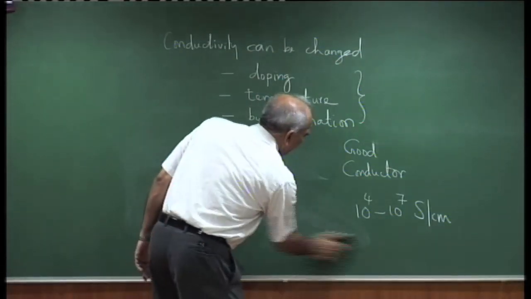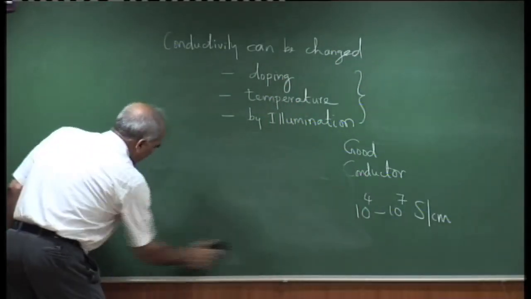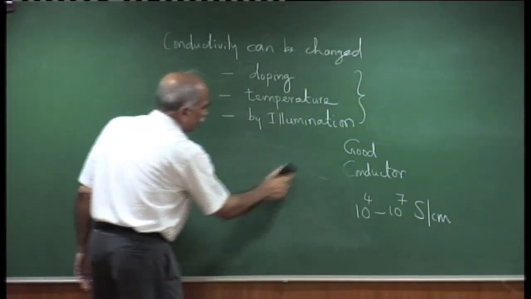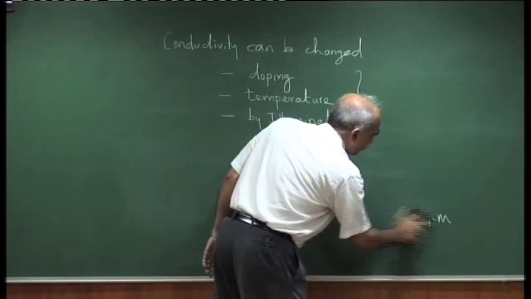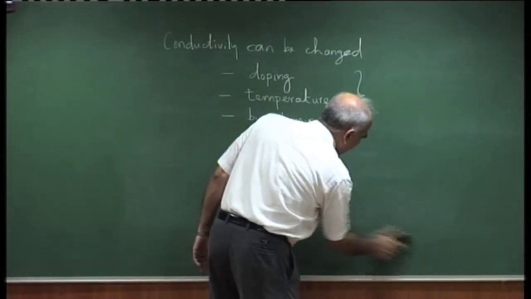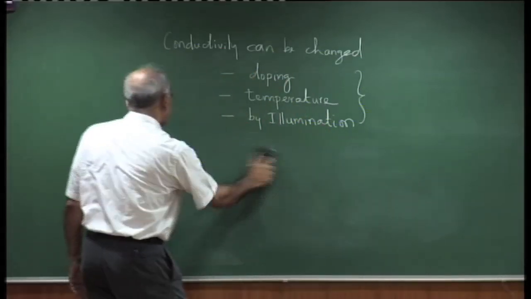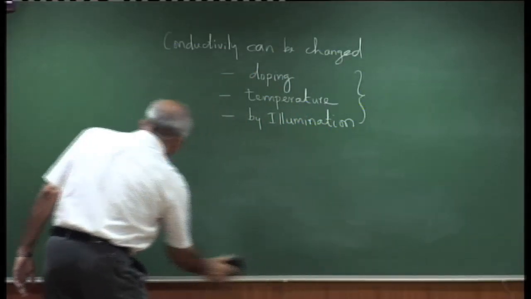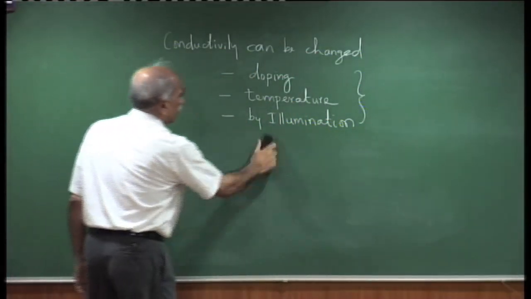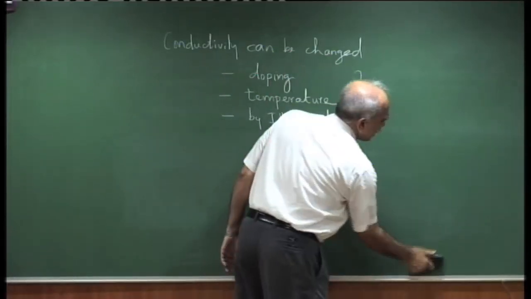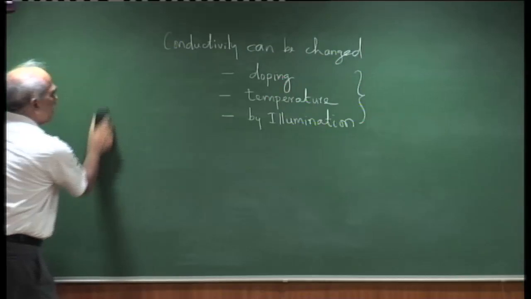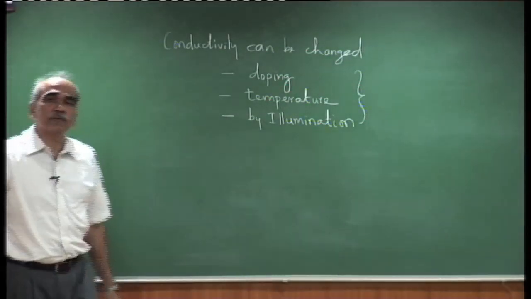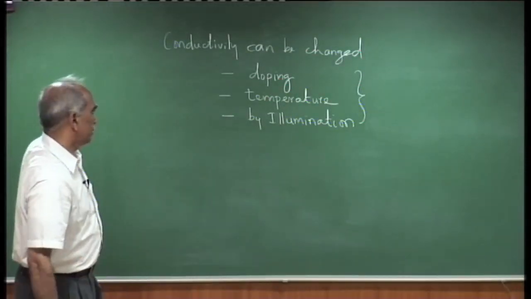So the elementary definition of a semiconductor is materials which have conductivity between those of good conductors and bad conductors, and whose conductivity can be changed by orders of magnitude by doping, by changing the temperature, or by illuminating the material with light of appropriate wavelength.